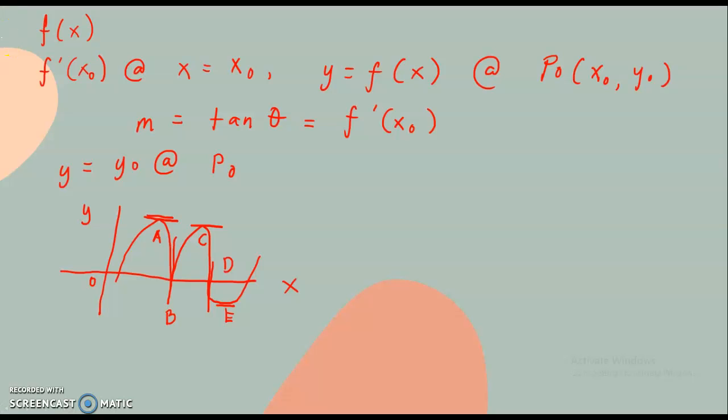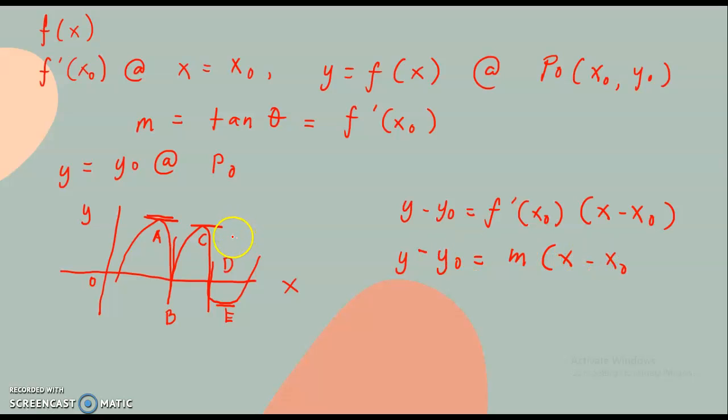Otherwise, the equation of the tangent is, formula, y minus y sub 0 is equal to f prime of x sub 0 times the quantity x minus x sub 0. But remember, your f prime of x sub 0 is also equal to m.